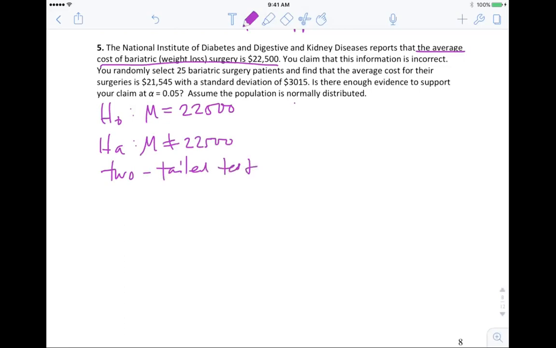You claim the information is incorrect. So you claim that it's not equal to. Okay, we can verify. We have that the population is normally distributed.